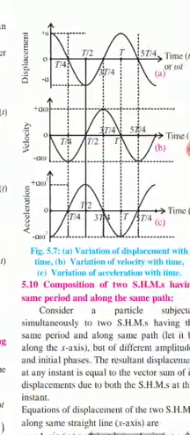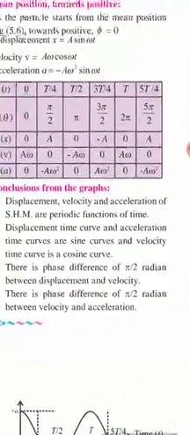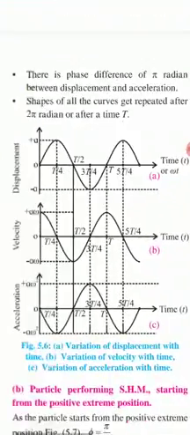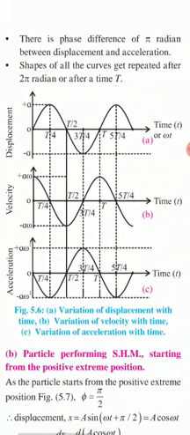And again if you consider the next angle, that is theta equal to 5 pi by 2, again it will be minus a omega square. So in this way here you can see the variation of displacement with time, first graph, then variation of velocity with time, and then variation of acceleration with time.